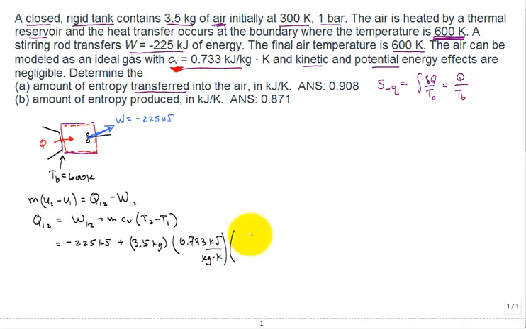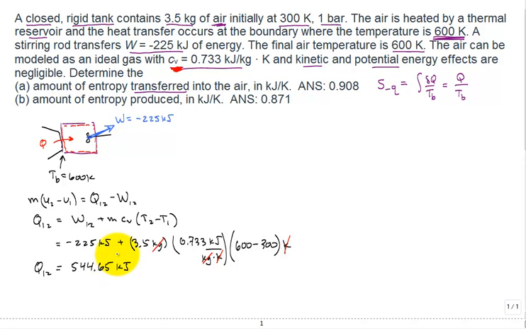The final temperature is 600 Kelvin, the initial temperature is 300 Kelvin. Then we just cancel our Kelvins and our kilograms, and we calculate Q_1-2 is equal to 544.65 kilojoules of heat transfer in.